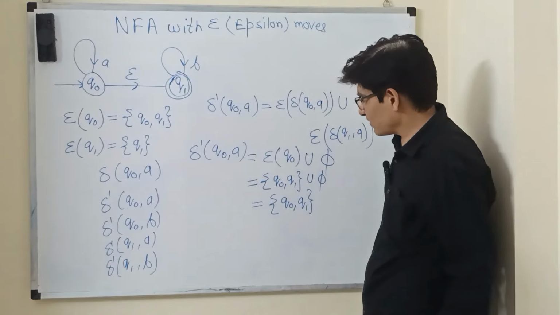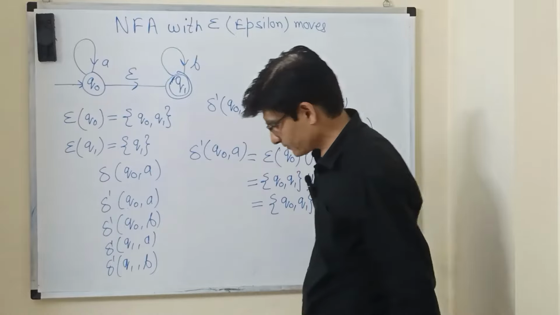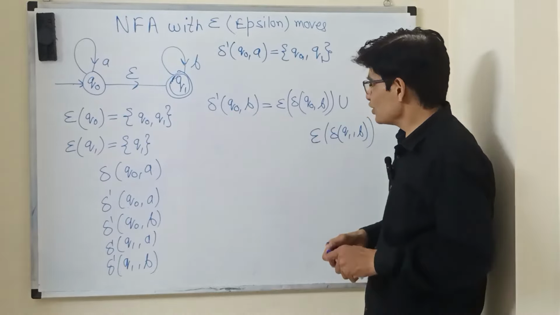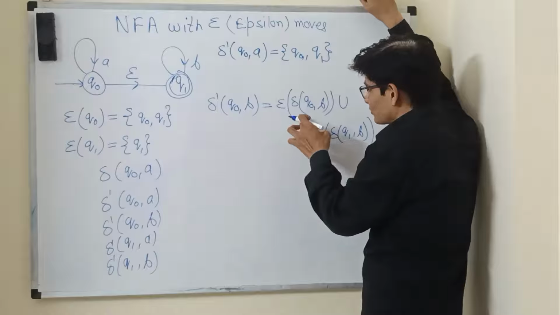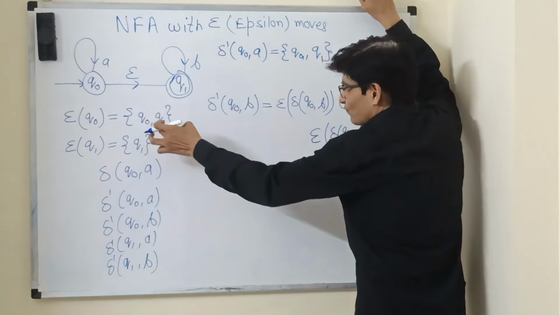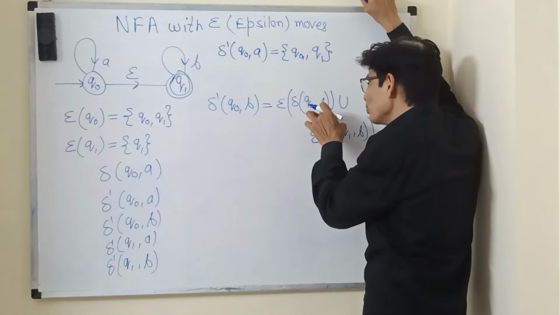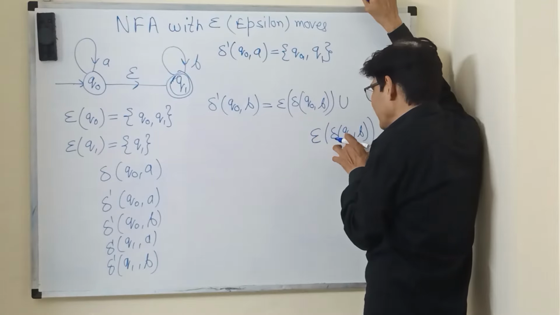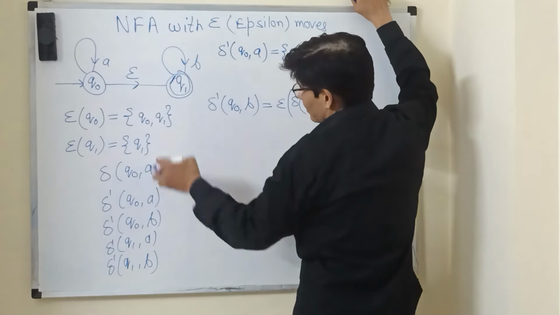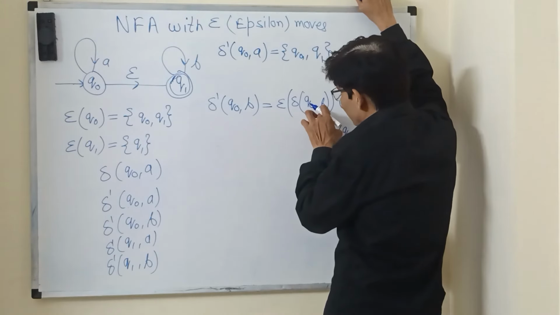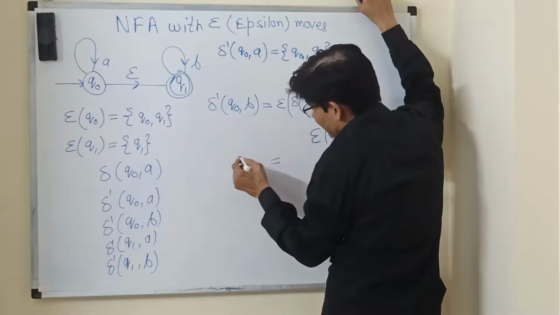In the same way, friends, we can calculate delta dash for Q0 comma B. As we calculated Q0A, for Q0B also we will consider both the states of epsilon closure of Q0. So we will take epsilon closure of delta(Q0, B) union epsilon closure of delta(Q1, B). Now on Q0 we do not have any transition on B, so this would be phi.